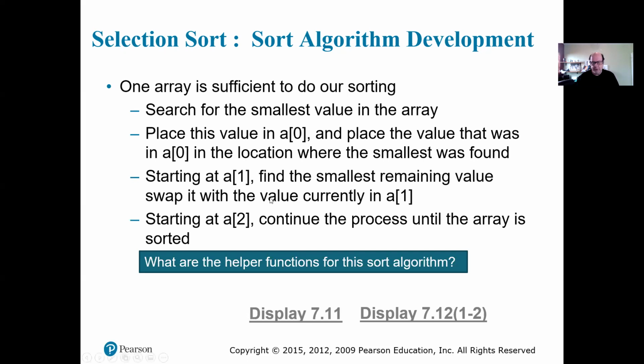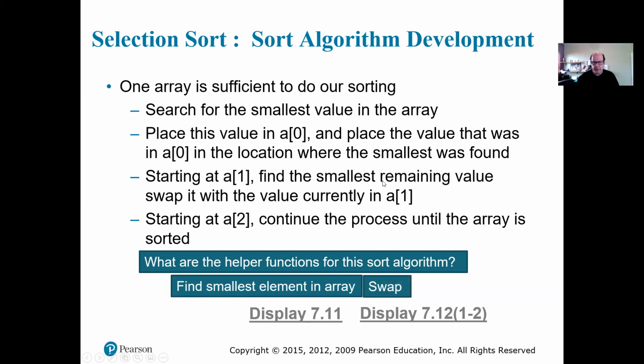So if you look at this, I'm going to need a function to find the smallest one. I also need a function for swap. So when I find the smallest one, I have to swap it with the one that I am on at this time. So if it was index 0, we want to swap.